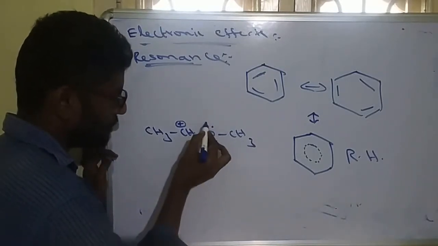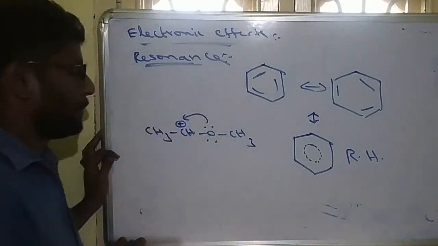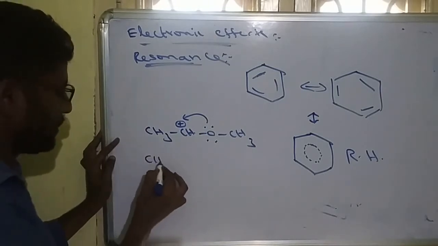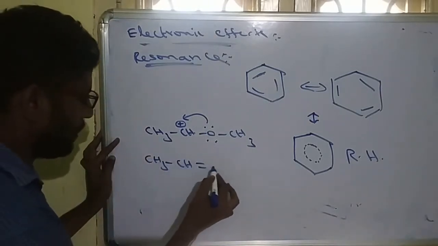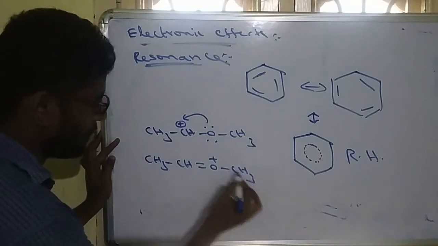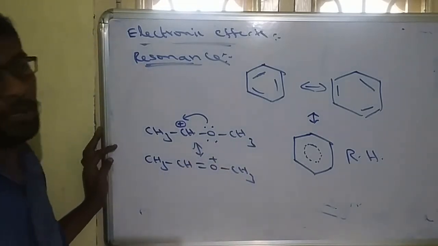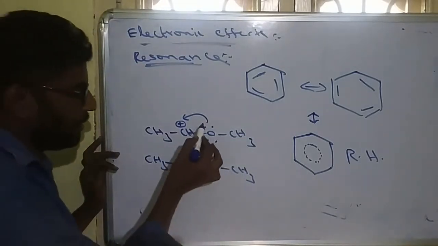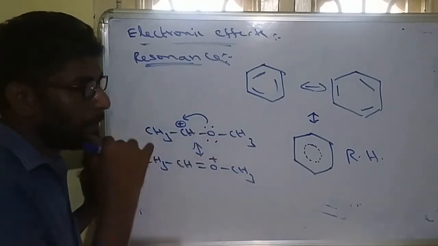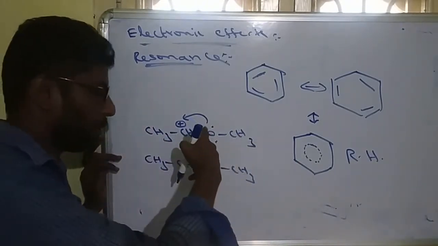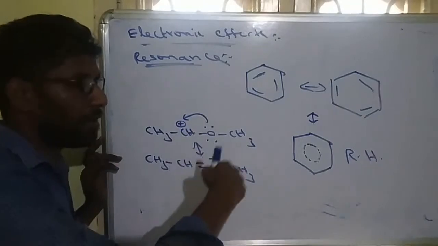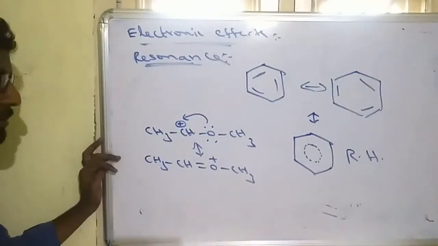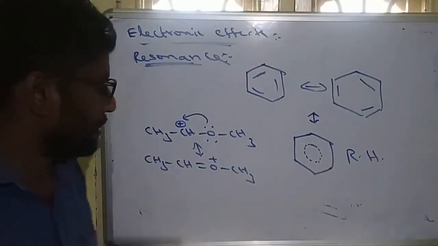So this lone pair will donate to the positive charge, forming CH3, CH double bond O positive CH3. So these two are called resonance structures. Wherever lone pairs and charge, not only alternate pi bonds, but lone pair, charge, pi bond, charge are present, delocalization is possible. So that is called resonance.